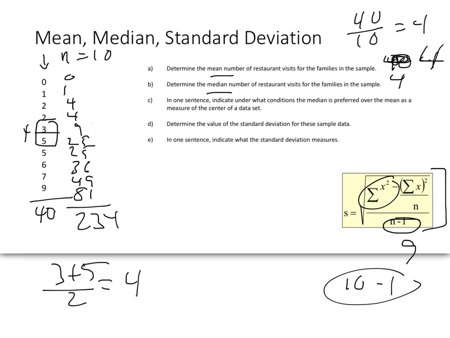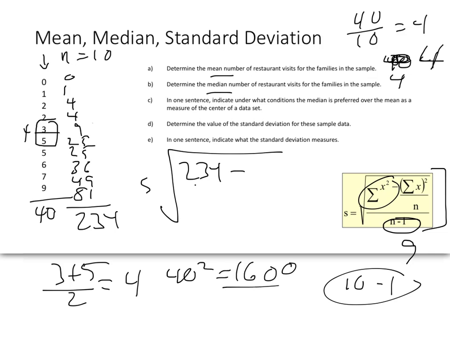234. Okay, so if we were to write this here, let's say S is going to be 234 minus, and then we would have this 40 squared, which is 1600, over 10, so it's going to be 160, over 9.